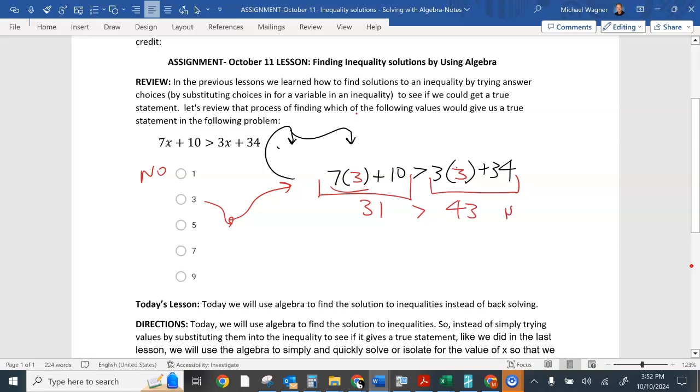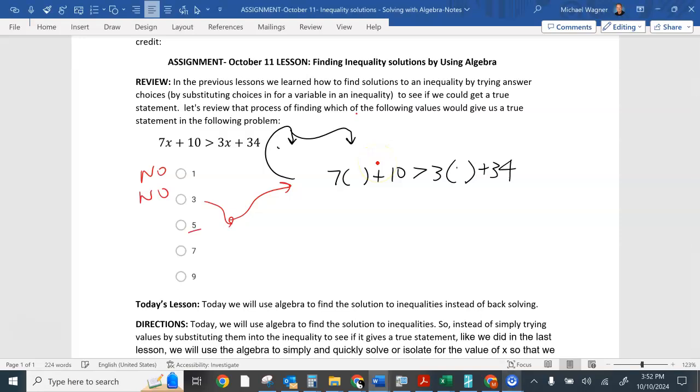No. Then I keep trying. So I try 5 now. That's 35 plus 10, 45. Is that greater than 15 plus 34, 49? No. So still no.